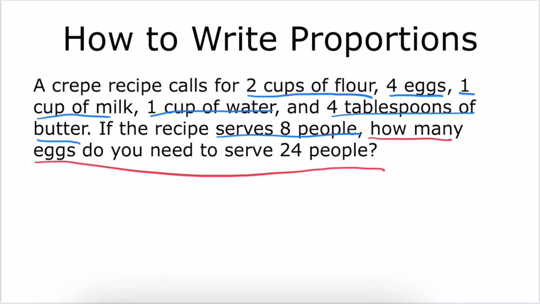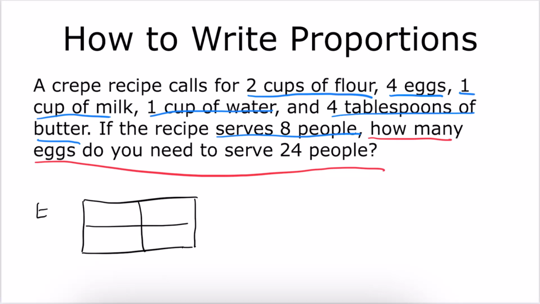You could also solve a different problem if it said how many cups of flour or how many cups of milk you need to serve 24 people. But in this case, we're only trying to figure out how many eggs we need. So I'm going to make a table.